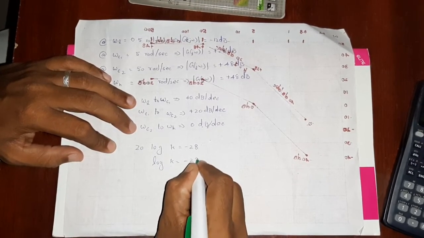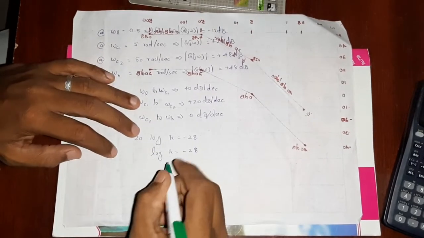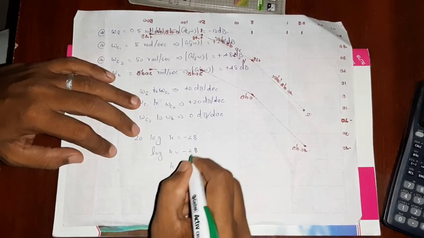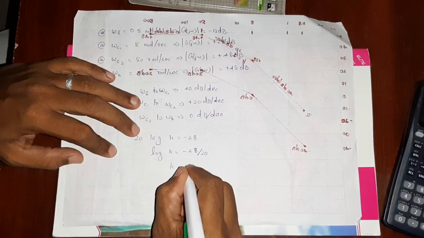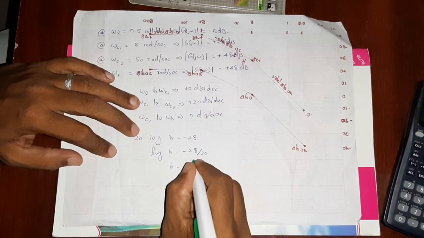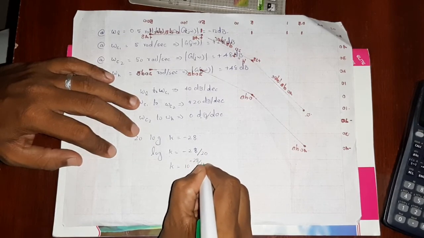Okay, so here log k equals minus 28 divided by 20. Taking exponent on both sides, we have k equal to 10 to the power minus 28 divided by 20.